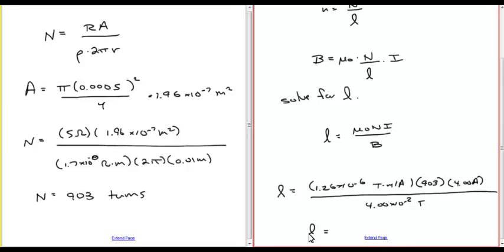So the length of the solenoid, and I'd expect it to be maybe 5 or 10 centimeters at the most: 1.26 e to the minus 6 times 903 times 4 divided by 4 e to the minus 2. And so the length is 0.114 meters or 11.4 centimeters.